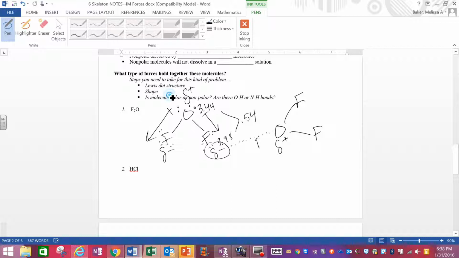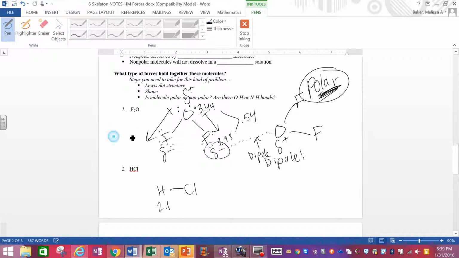So the question is, we know this is a polar molecule because it's an unequal sharing of electrons. What is the force between molecules? Well, it's not dispersion because that's only for nonpolar things. And then we ask, does this have an H bonded to an F, an O, or an N? Well, it doesn't have an H. So that means the force between these is that medium strength one, dipole-dipole. How about HCl?